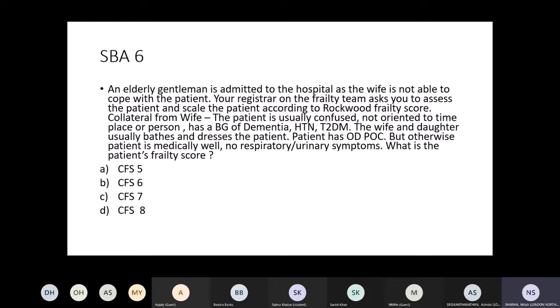Wife and daughter usually bathe and dress the patient. He has carers coming in once a day, but otherwise the patient is medically well, with no respiratory or urinary symptoms. What would be the patient's clinical frailty score on the poll?